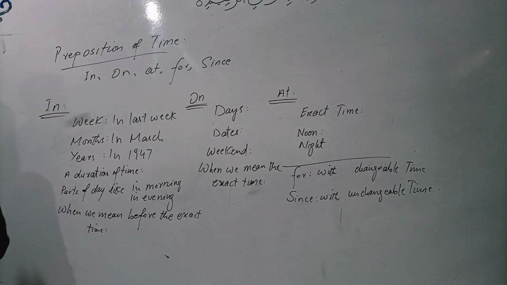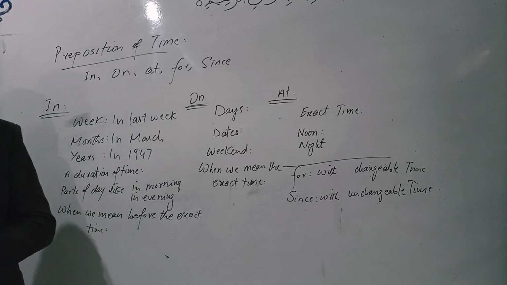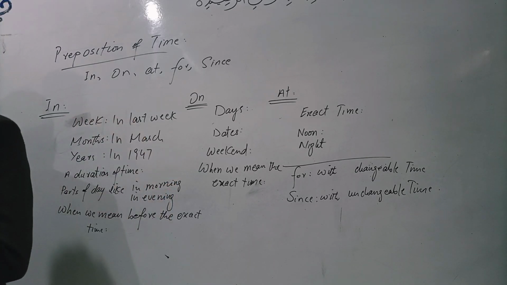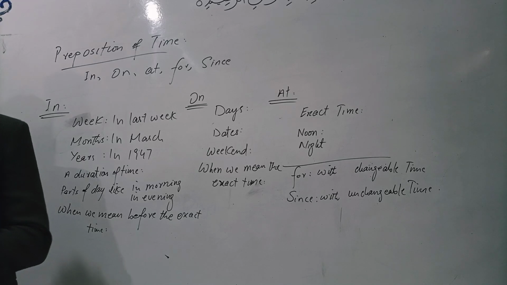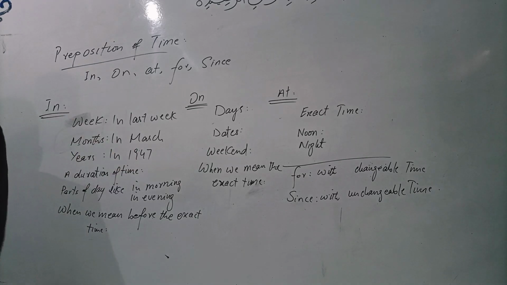Then a duration of time. Duration of time is the time within which we can do a task. For example, I'll complete parts of speech in 2 days, in 3 days, in 1 hour, in 2 hours, in 2 minutes, in 5 minutes, in 10 minutes. For example, I'll come back in 2 minutes.